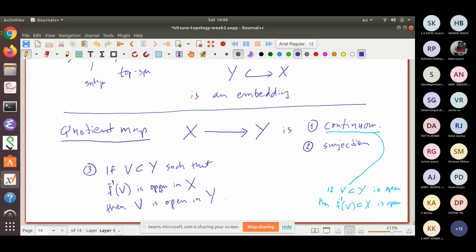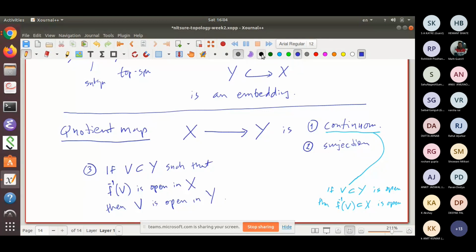Therefore it becomes: any V in Y is open if and only if its inverse image in X is open. So I can combine continuity and property 3 into just one statement.